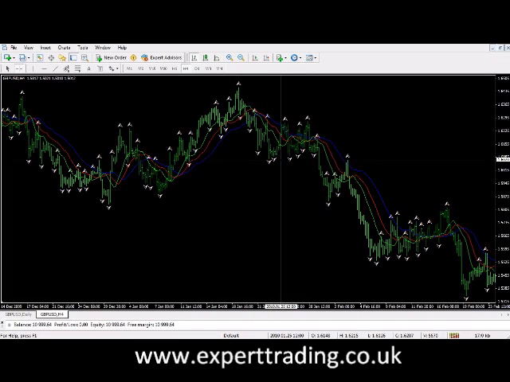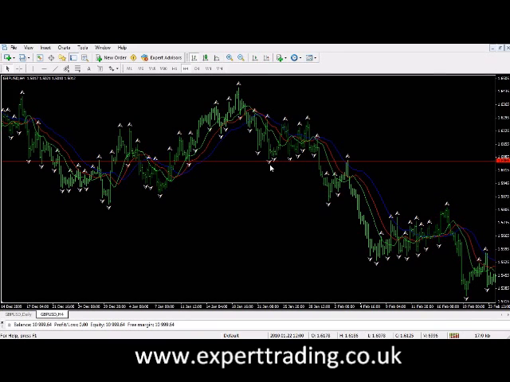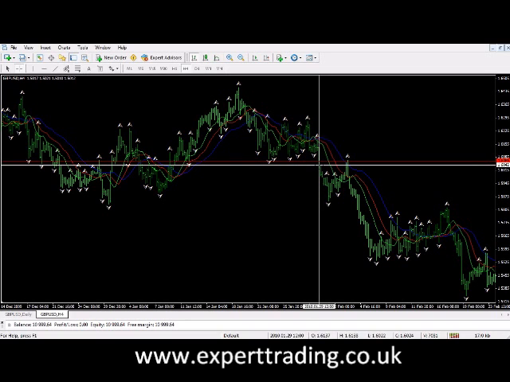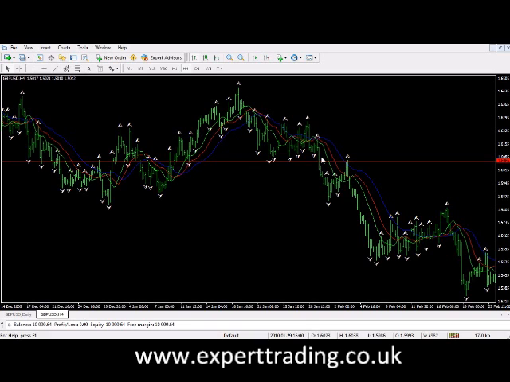Now the only time, so let's add this here. So this is where we want to enter, right? So that is the daily fractal, and we manage it on the 4-hour chart. So when it breaks the fractal, which it does, it breaks it on this bar here, where the horizontal line of the cross is. It breaks it on that line. Okay? Now when it breaks it, we don't enter the trade.